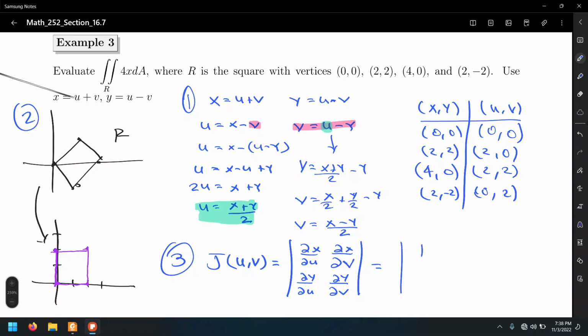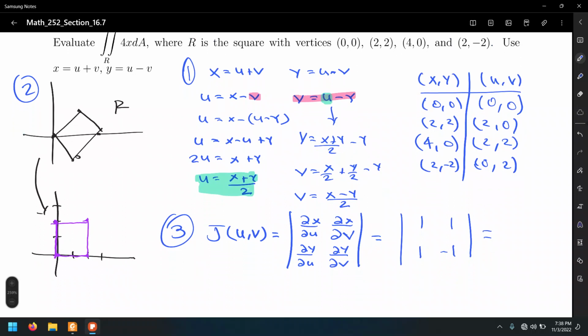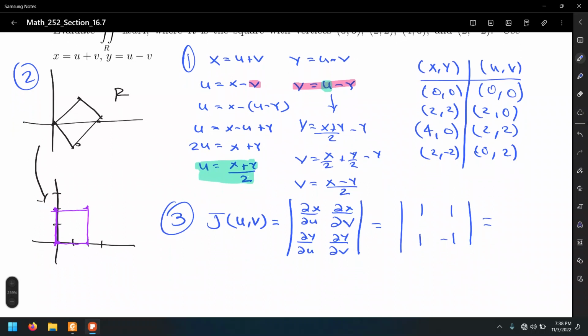The partial derivative of x with respect to v, well, the derivative of v is also 1. And then the derivative of y, now let's look at the second equation. The second row is for the derivatives of y. So the derivative with respect to u is also 1, but the derivative with respect to v, that's a negative 1. All right? And in this case, that's going to give us 1 times the negative 1, which is negative 1, minus 1 times 1, which is 1, and the result is negative 2.